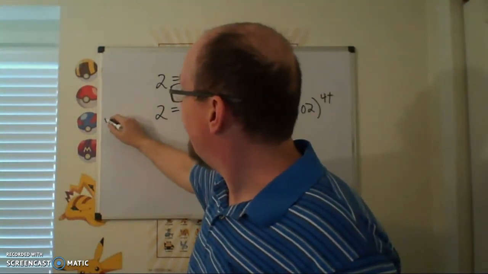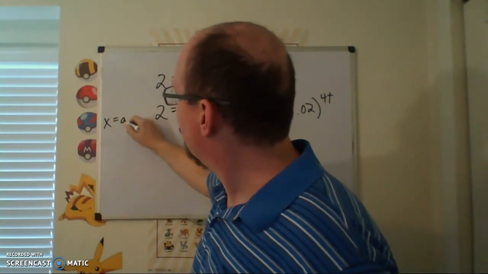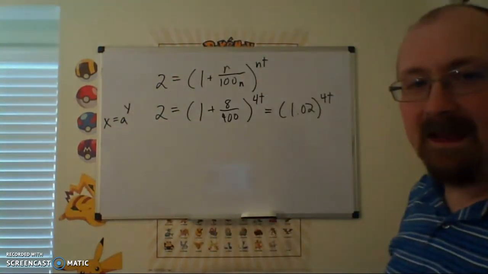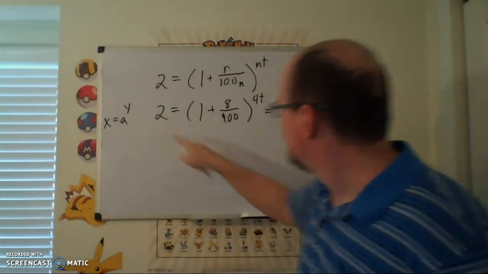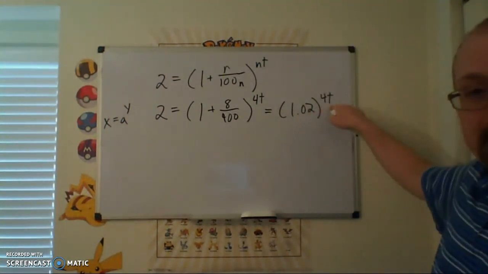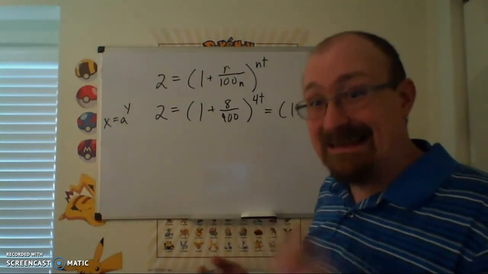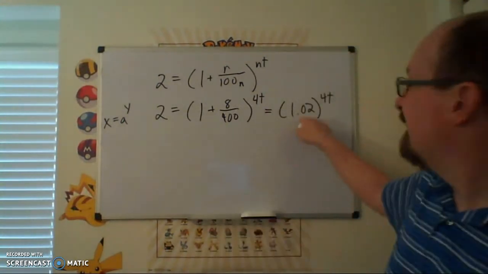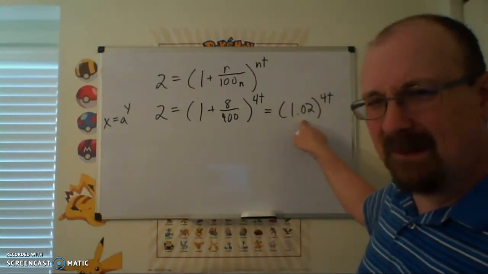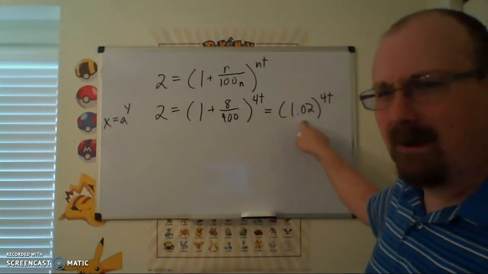Let's see. We have x equals a to the y. I can convert that into a logarithmic expression using the somewhat weird feeling base of 1.02. Again, bear with me.